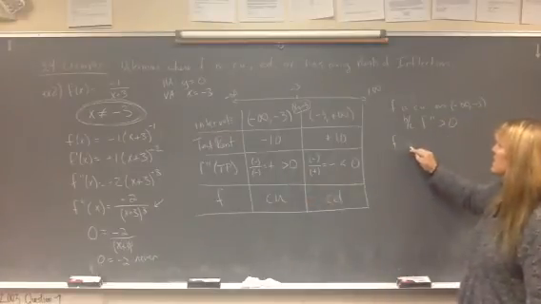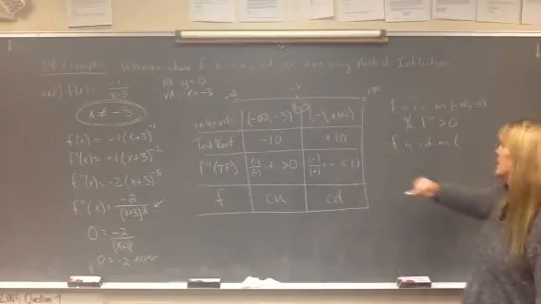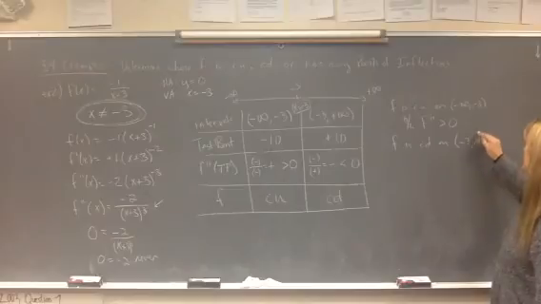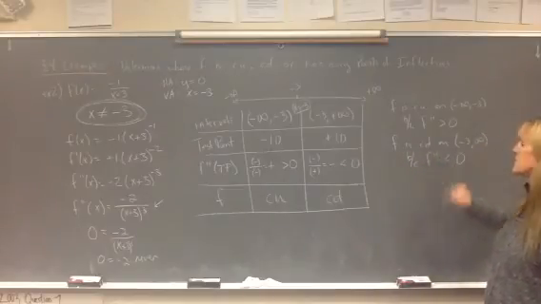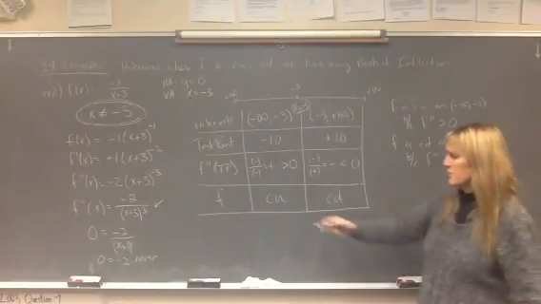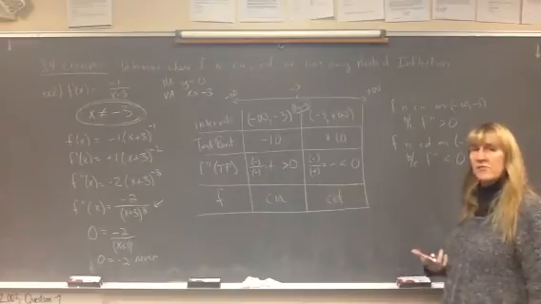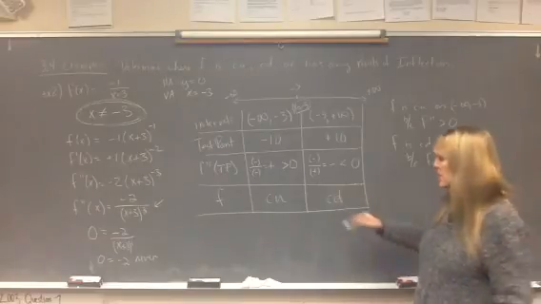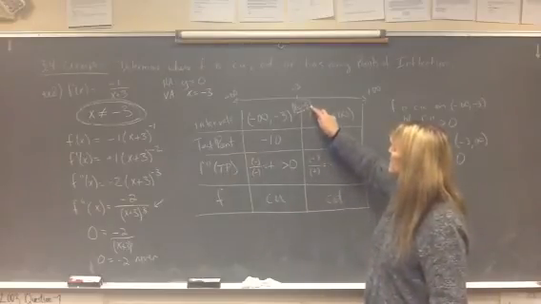I know that f is concave down on the interval between -3 and +infinity. And why do I know that? Because my second derivative is less than 0. And do I have an inflection point? I switched from concave up to concave down. So I'm thinking I have an inflection point, and I wonder where that is. I look up between concave up and concave down. That gives me x equals -3.